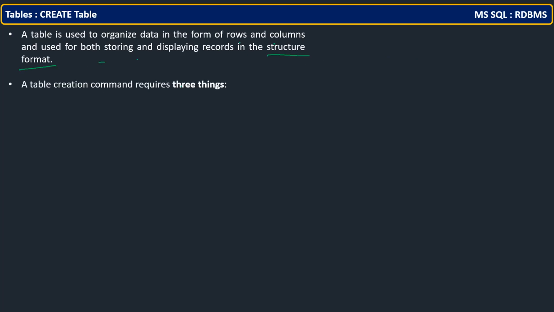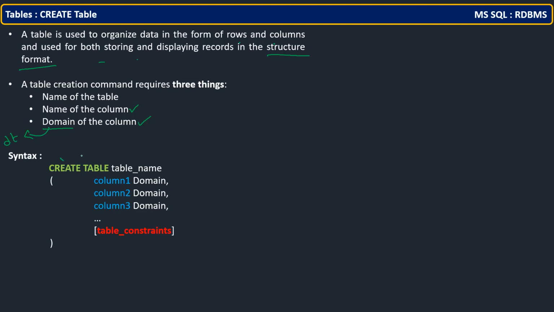Table creation command requires 3 things: name of the table, name of the column, and very importantly, domain of the column. Domain means that is what data type. Okay, how you will create a table? So simple. Create is the command. Table is also a keyword. Then whatever table name you want to give, you can give here.